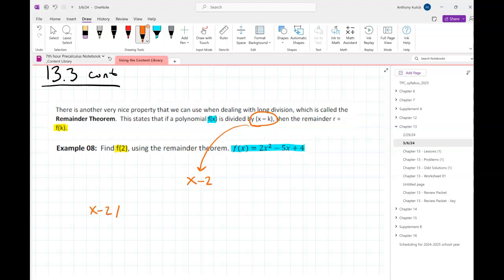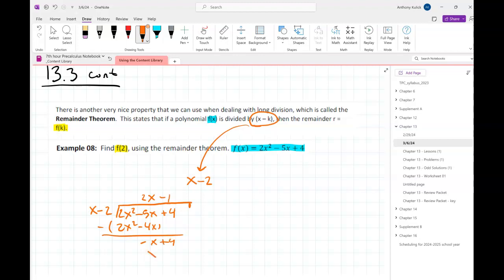So the remainder theorem says the remainder of the division problem is going to be the same thing as if I plugged 2 in for x. So let's see, you do 2x here, so that's 2x squared minus 4x. Subtract down, that's negative x plus 4.